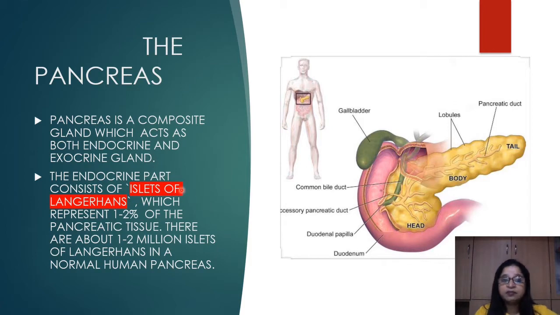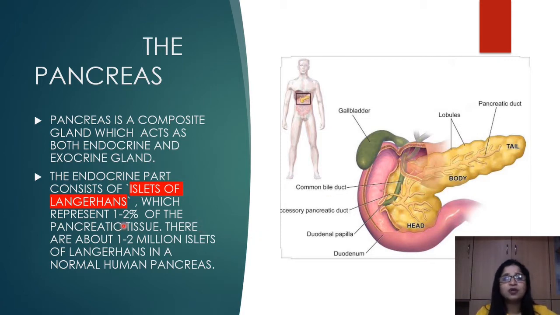The endocrine part of the pancreas is called the islets of Langerhans because they form only about 1 to 2% of the entire tissue of the pancreas, and they are isolated in small groups throughout the pancreatic tissue. Hence the name islets of Langerhans.